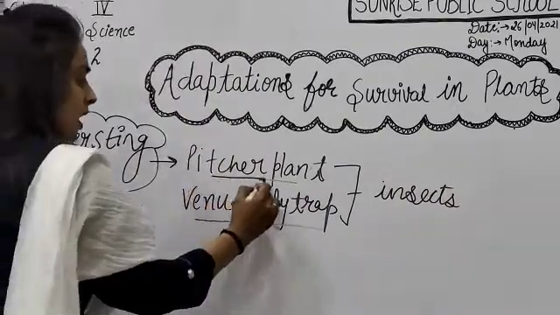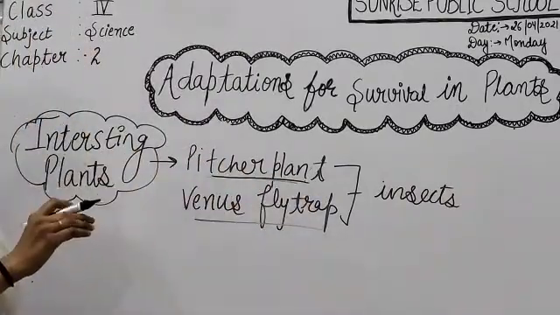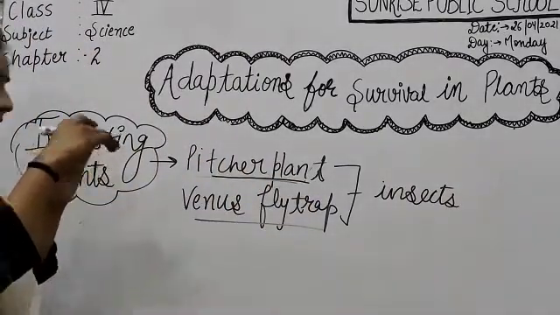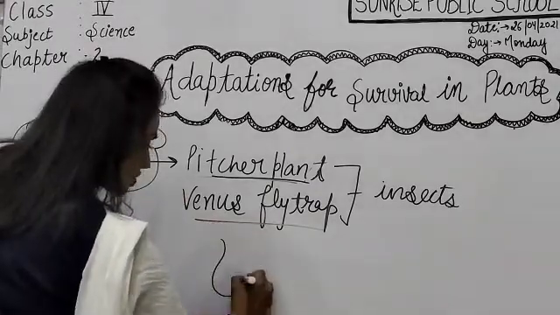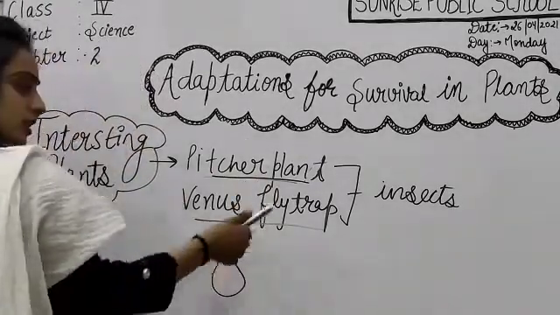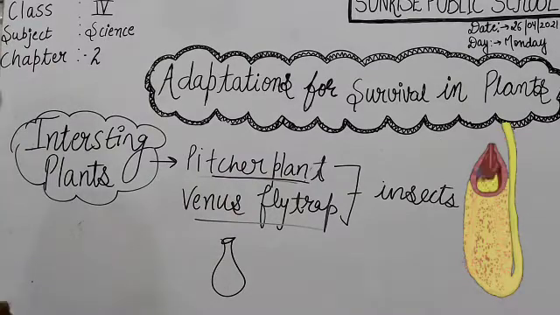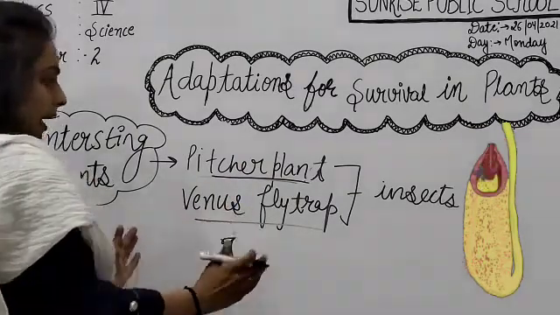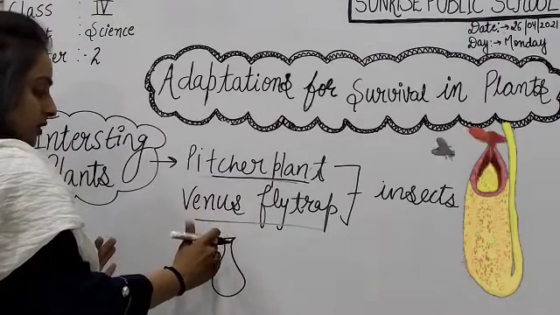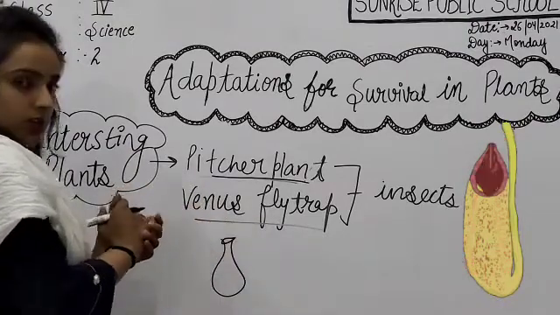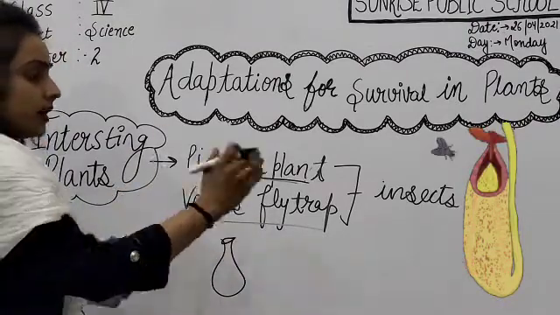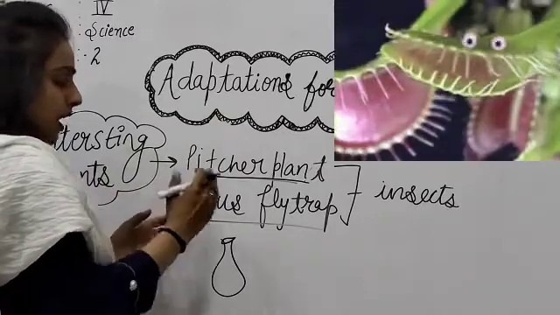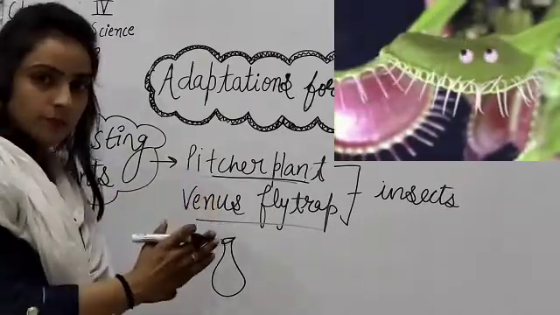The pitcher plant is pitcher-shaped. Okay, इसकी कैसी shape होती है? Pitcher shape होती है. As you can see in the picture as well. This plant opens its lid, and when an insect enters, it closes the lid and eats the insect. And the Venus flytrap also does the same.